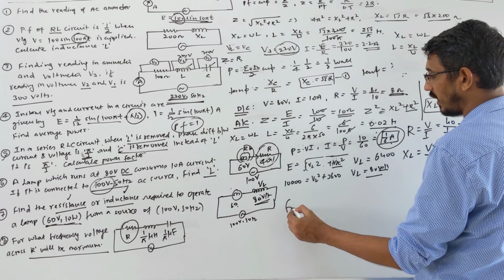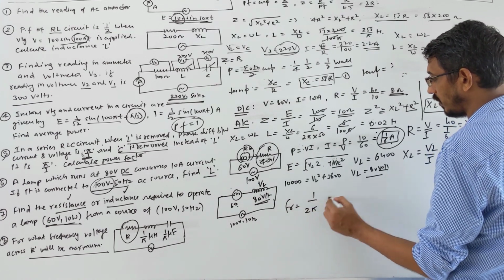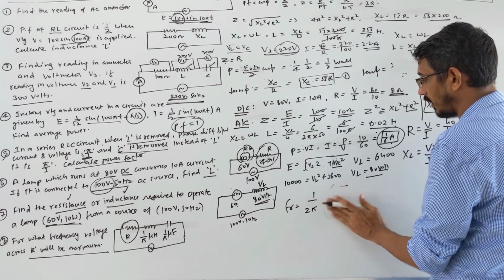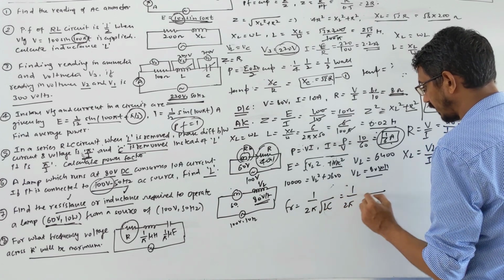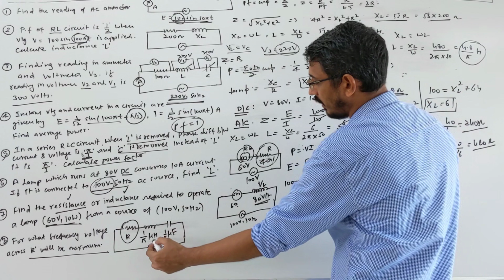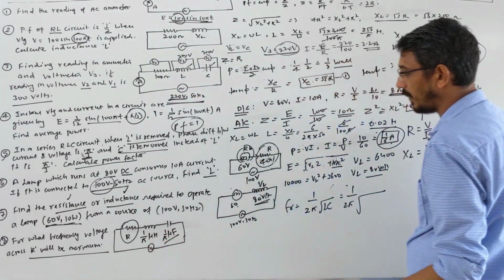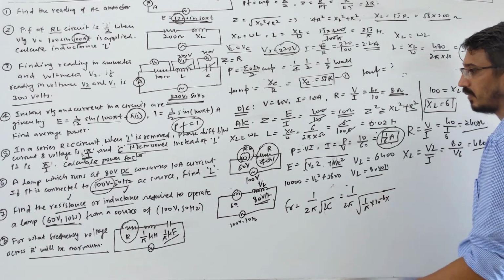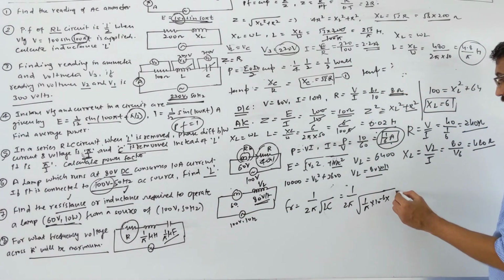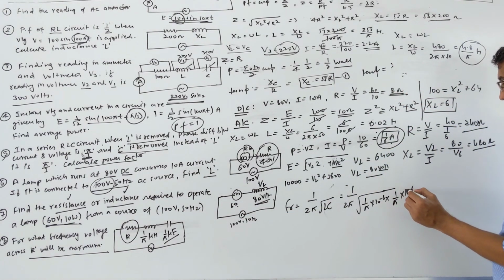So the resonance frequency formula you can directly write: 1/2 pi root LC. I am writing it wrong, root LC. So 1/2 pi, what is L given? L is given 1/pi microhenry, and C is also given the same, 1/pi microfarad.